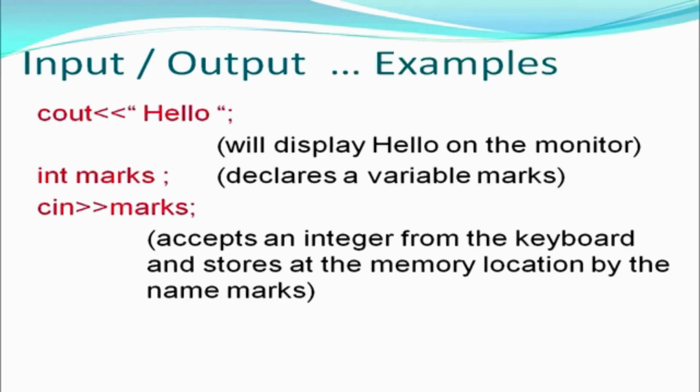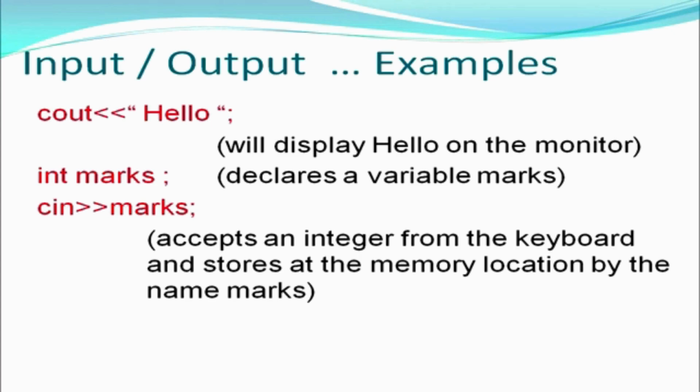As you see in the example, I want to display the message hello. Hello is a string constant, if you remember, so it is enclosed in double quotes. I want to display it on the monitor, so I use it with Cout less than. I want to accept marks from the user, so I declare the variable marks, because we discussed before that a variable cannot be used without declaring it first.